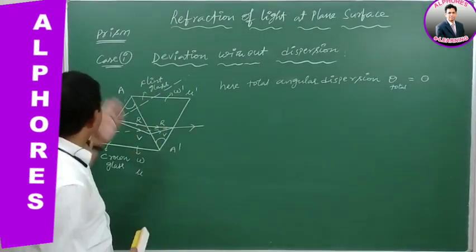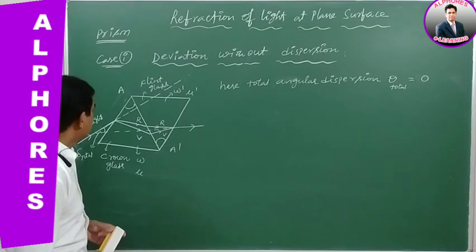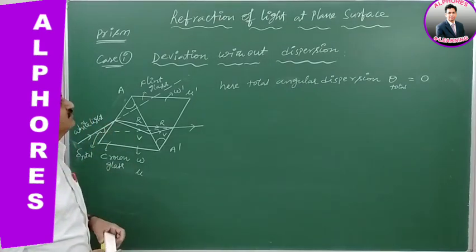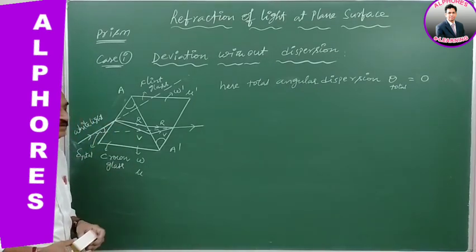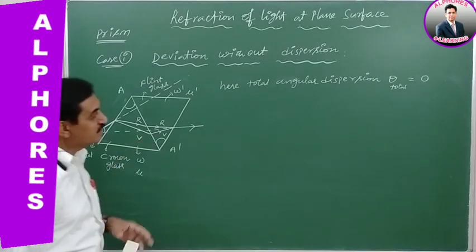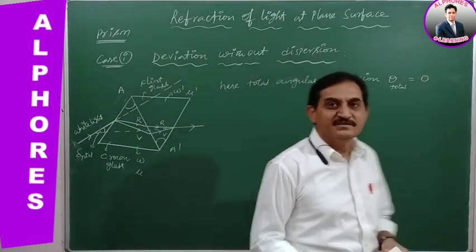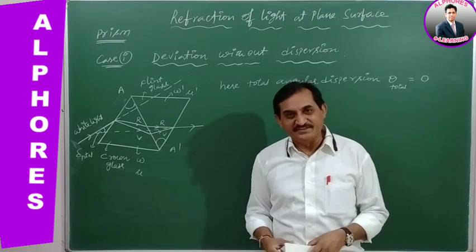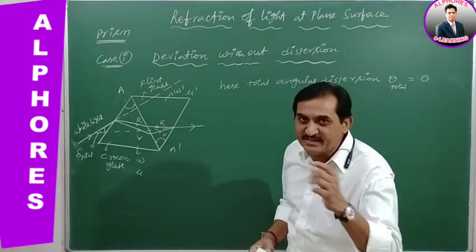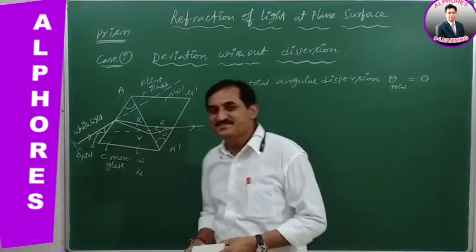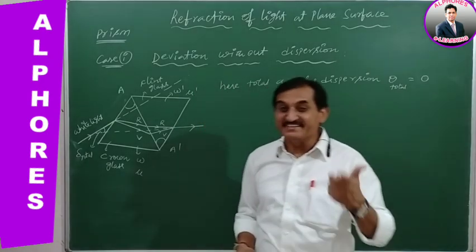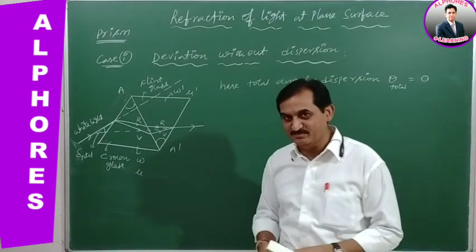Okay, let us go for the first case, deviation without dispersion, which means the total dispersion is nullified and it is giving the total deviation by the combination of two prisms connected in reverse sense, already given in the diagram.